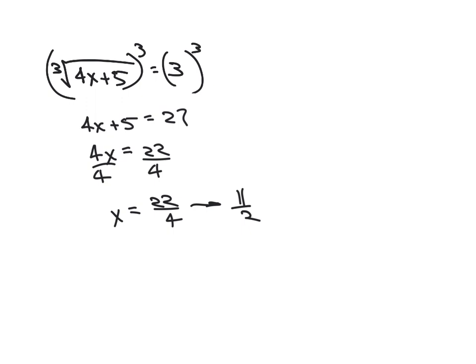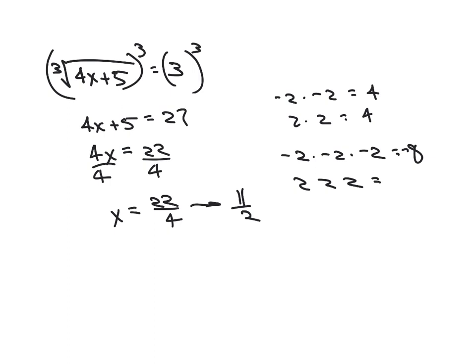Okay? Because we raised each of these to an odd power, the answer will always work. It's only when we raise to an even power that we have to go and check, because remember, negative 2 times negative 2 gives me a positive 4. 2 times 2 gives me a positive 4. Whereas when we do odd powers, we get negative 8, and with positive 2 to the third, we get positive 8.